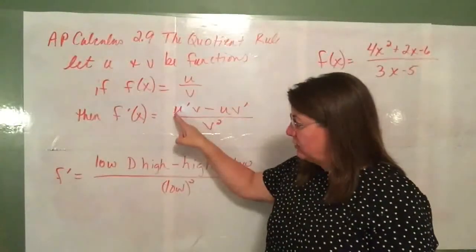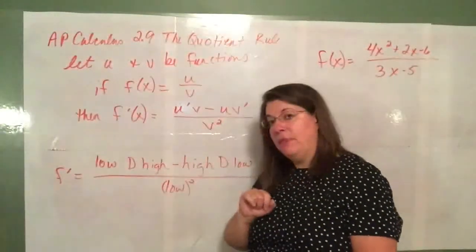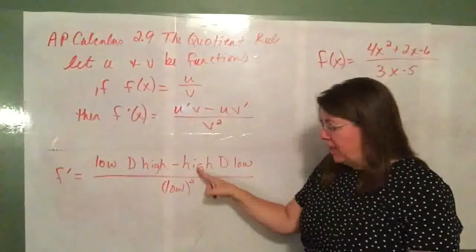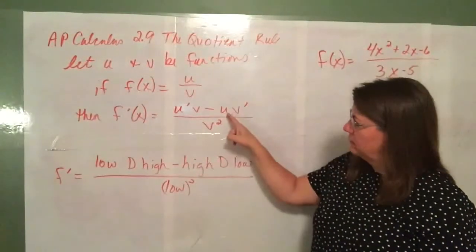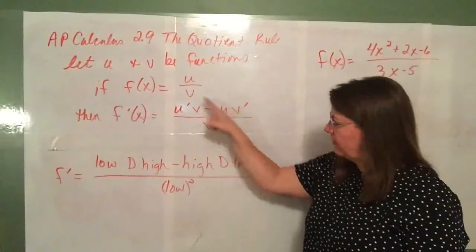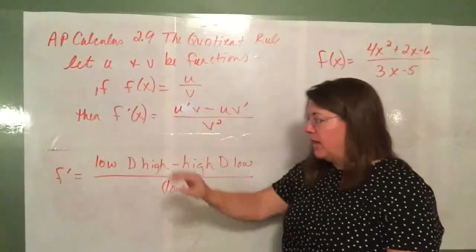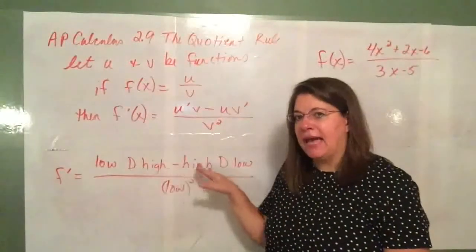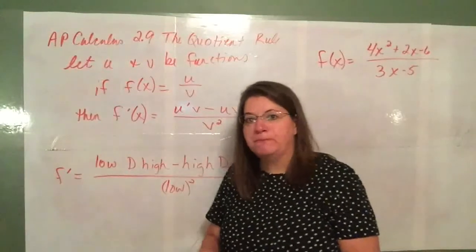Derivative of the high, derivative of the top times the original bottom. And then you're going to subtract from that the original top times the derivative of the bottom. Original top, derivative of the bottom. And that's all over the bottom squared. So low d high minus high d low over low squared would be a way to remember the quotient rule.